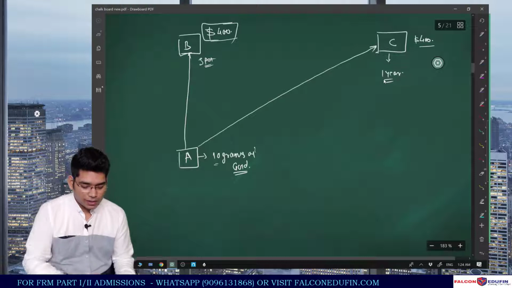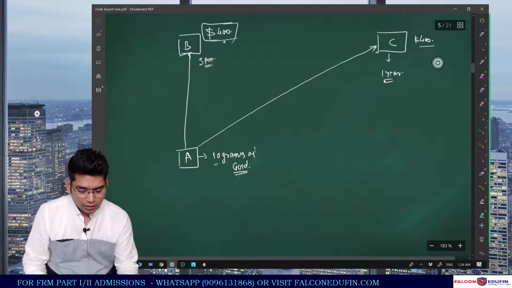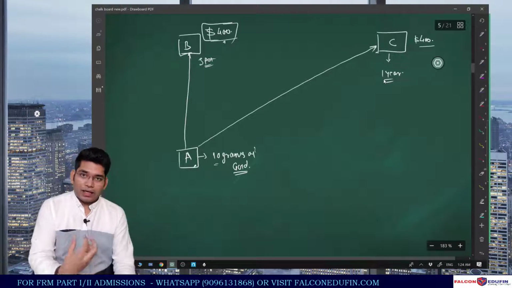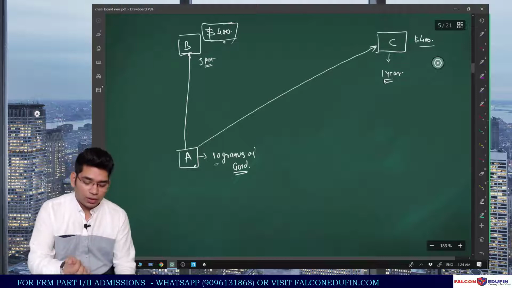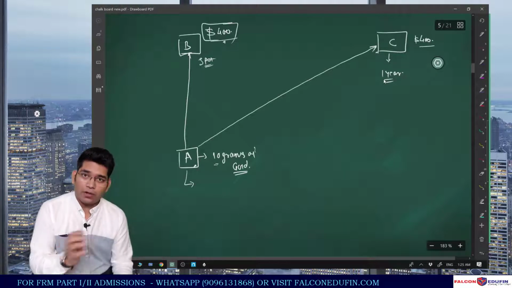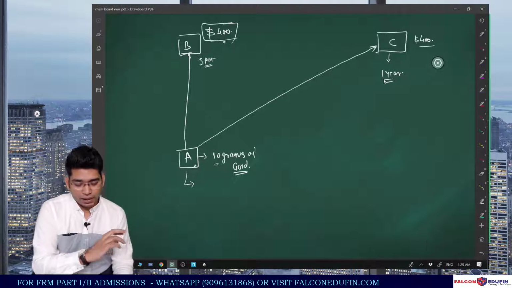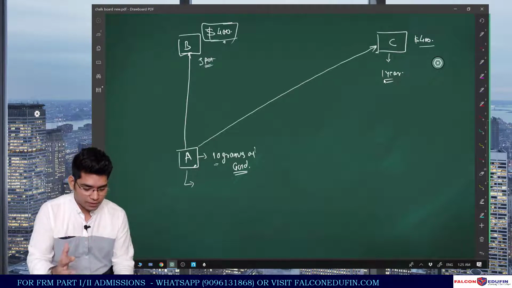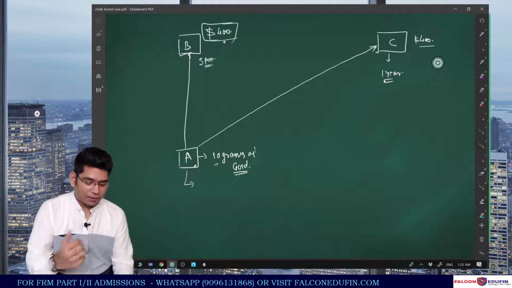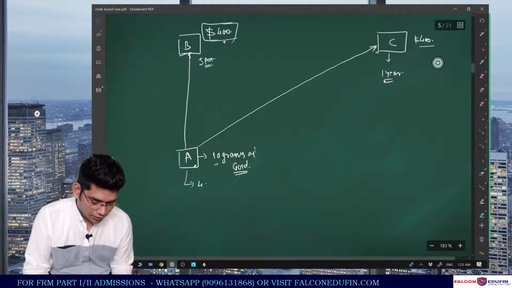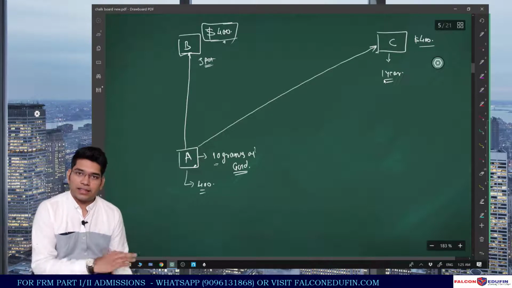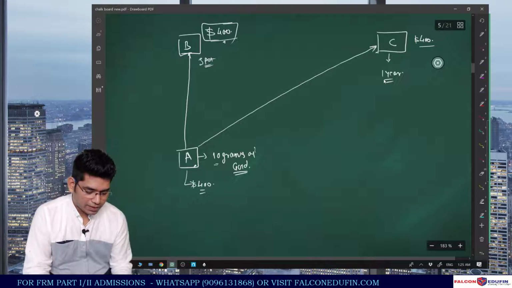Why? Because A, after selling this 10 grams of gold, can deposit the money into the bank and earn the risk-free rate. I will explain the logic of the risk-free rate afterwards, but right now just focus on this.